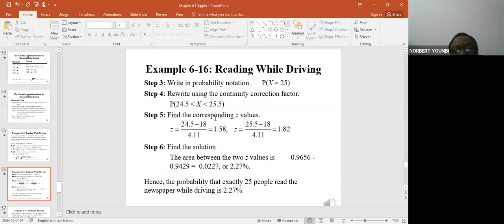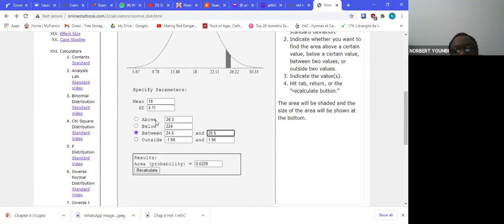Let me check this one again. We say the mean is 18, the standard deviation is 4.11. We can also use our TI-83 calculator.